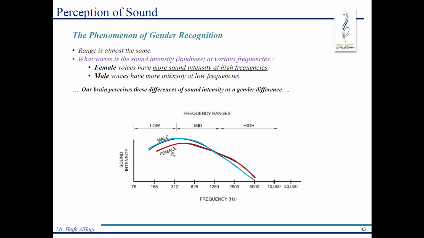And the sounds at a lower frequency are of a lower loudness. That's why my voice as a female is characterized as high pitch or high frequency. Now, when we go to the male sound, males have higher intensity at the low frequency sounds, and lower intensity and lower loudness at the high frequency. That's why they're characterized more by the low frequencies.